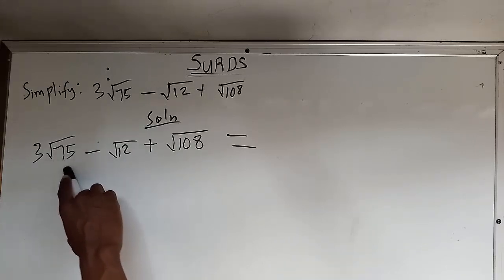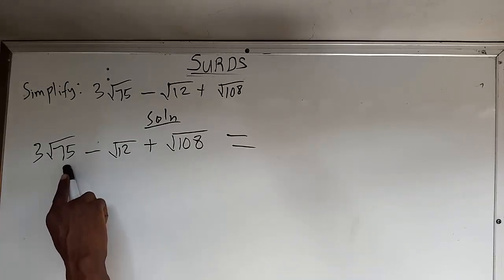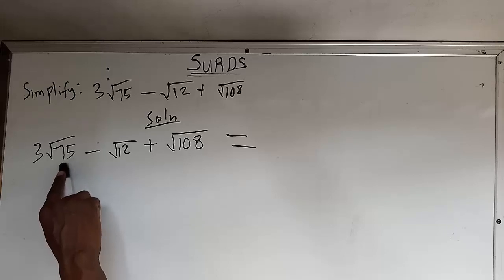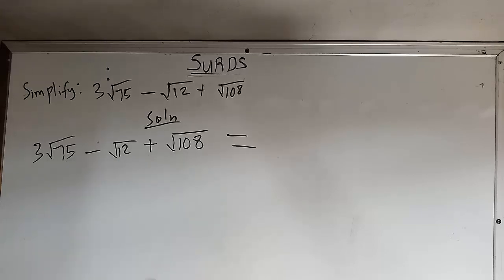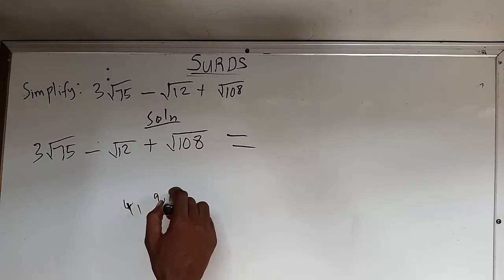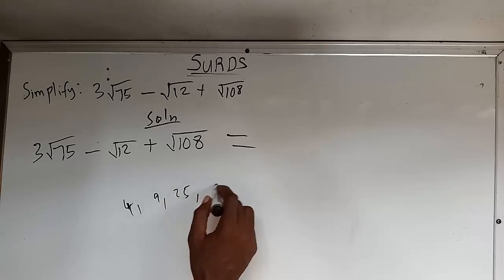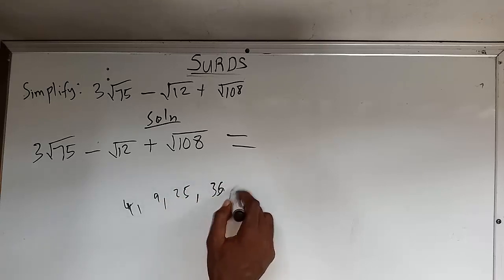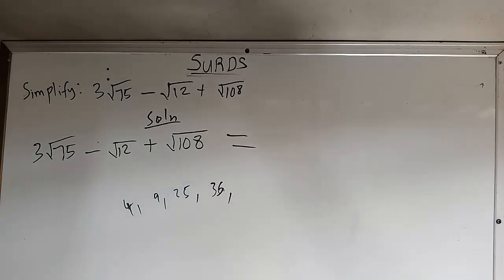So what you have to check is to see if there's a perfect square hiding under the radical sign. You can check by dividing by the perfect squares 4, 9, 25, 36, and so on and so forth.